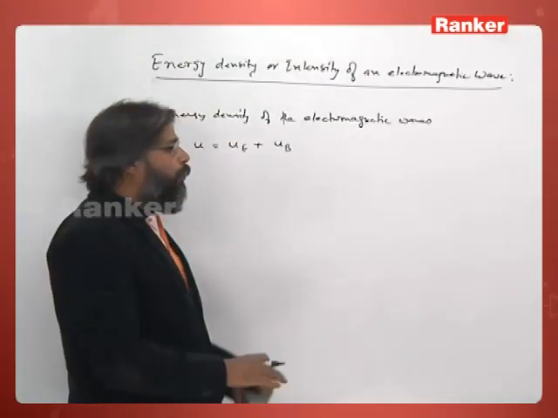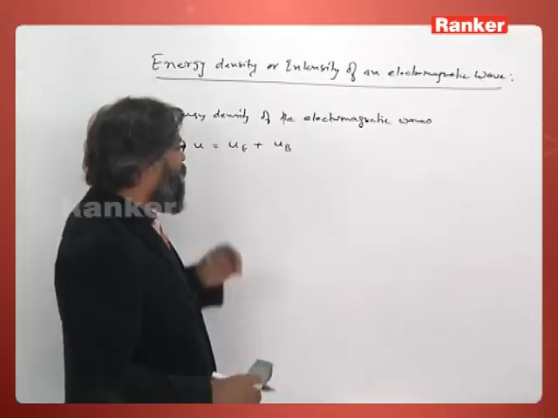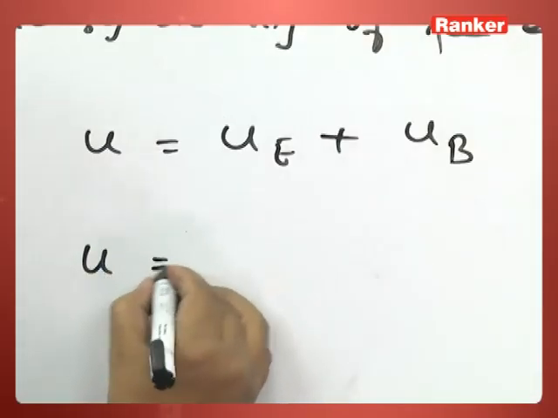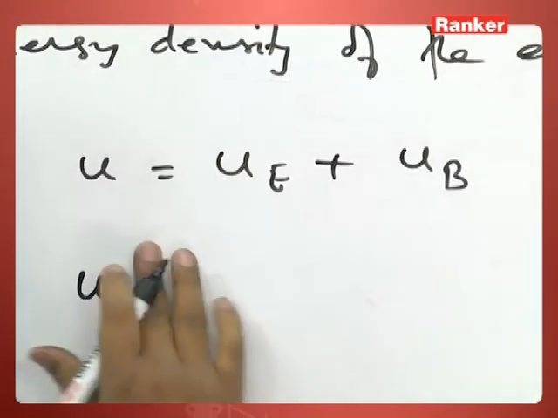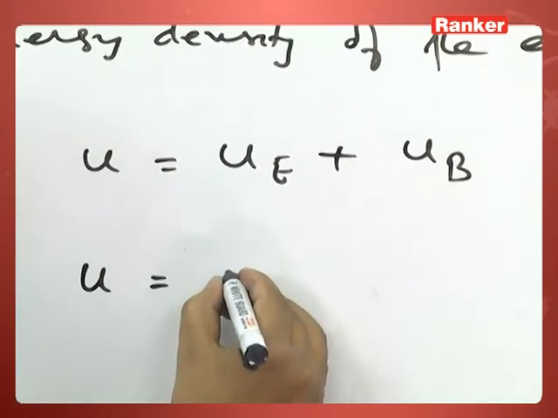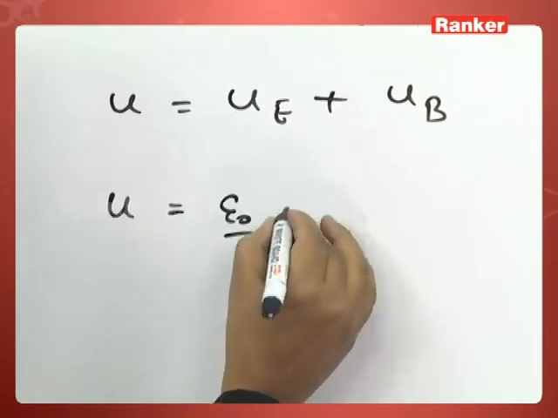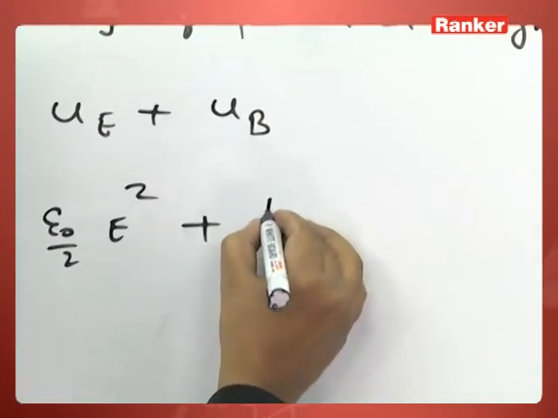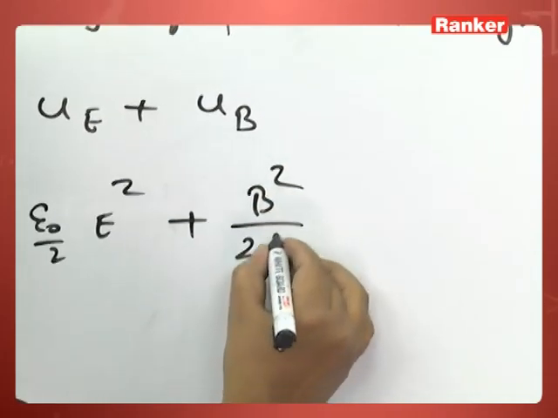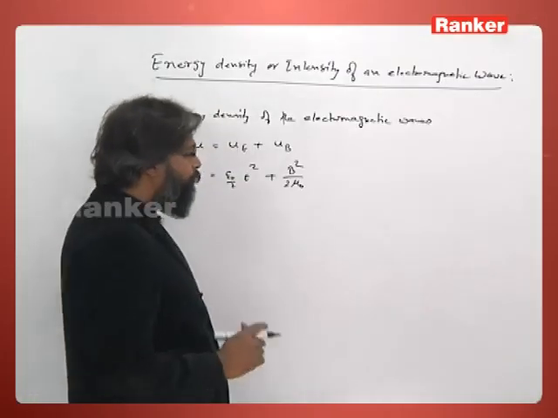The energy is stored in the electric field and the magnetic field. Now we use UE as epsilon naught by 2 E square, and UB as B square by 2 mu naught.